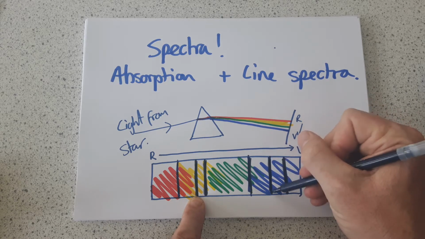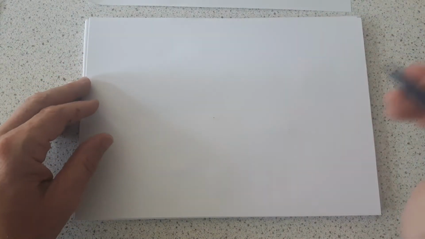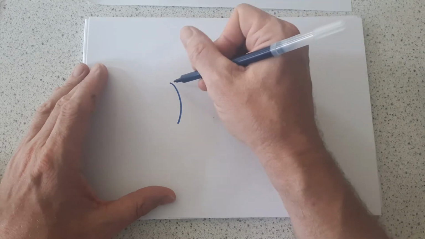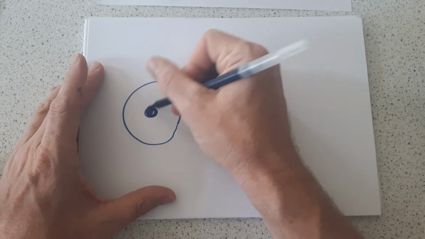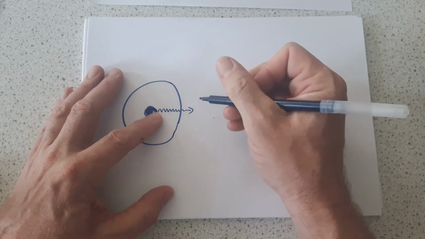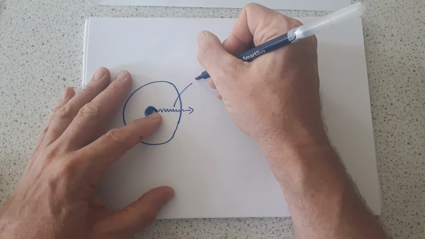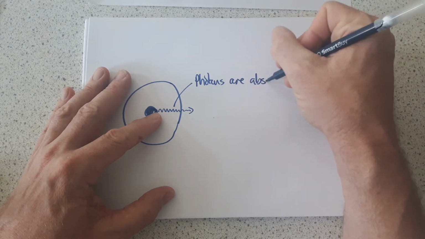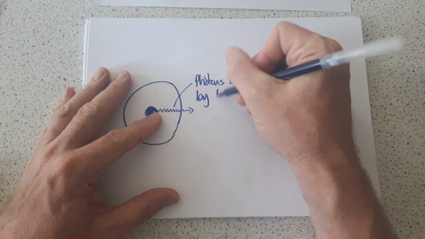Now the reason for that is that the core of the Sun is where the fusion takes place and where the light is emitted, but the star itself is made of gas. So even though the light might be emitted from the core where fusion is taking place, as the photons are passing through the rest of the star, some of that photon energy is absorbed. So some photons are being absorbed by the gas in the star itself.